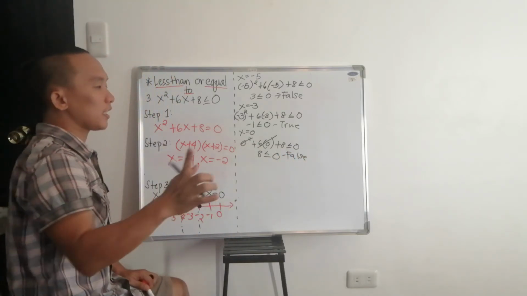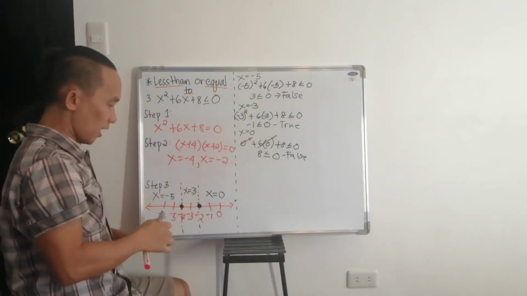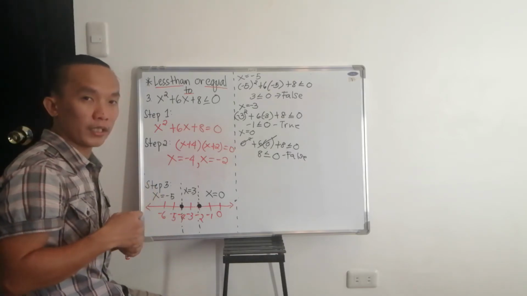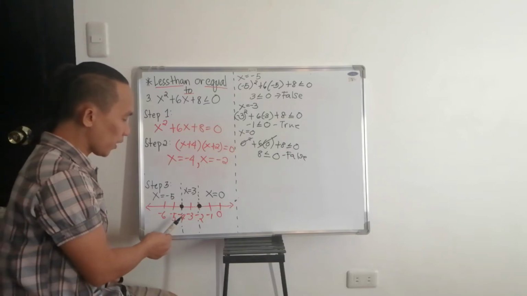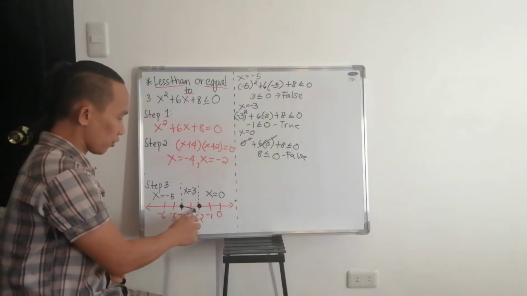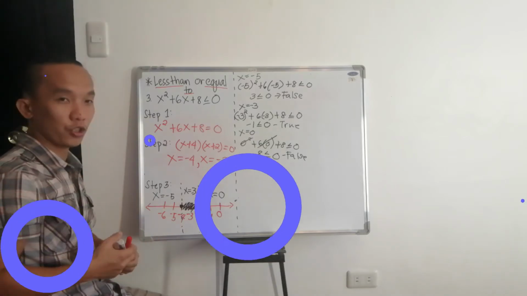So the only true statement is when x is equal to negative 3. It means that your solution, if you are going to shade your graph, lies between negative 4 and negative 2. All the numbers here, including decimals and fractions, are part of your solution.